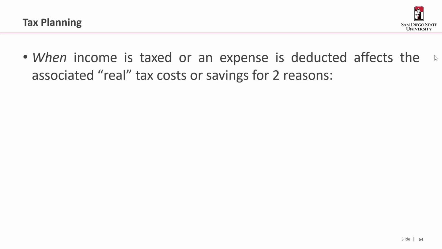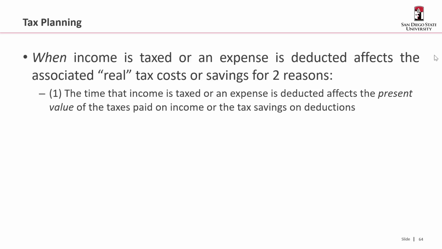Okay, so when income is taxed or an expense is deducted affects the associated real tax cost or savings for two reasons. The first is the time that income is taxed or an expense is deducted affects the present value of the taxes paid or the tax savings on that deduction. And we just went through an example of that, how the timing of that payment when it's taxed affected the present value of the taxation.